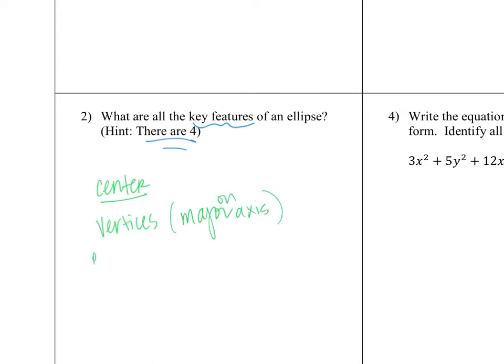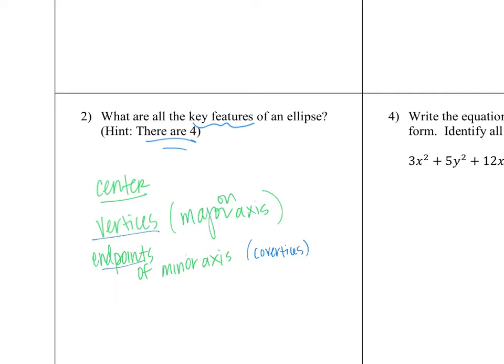And then there are the endpoints of the minor axis. Those are on the minor axis. Sometimes they're called covertices, just a word that you might see or hear me say.